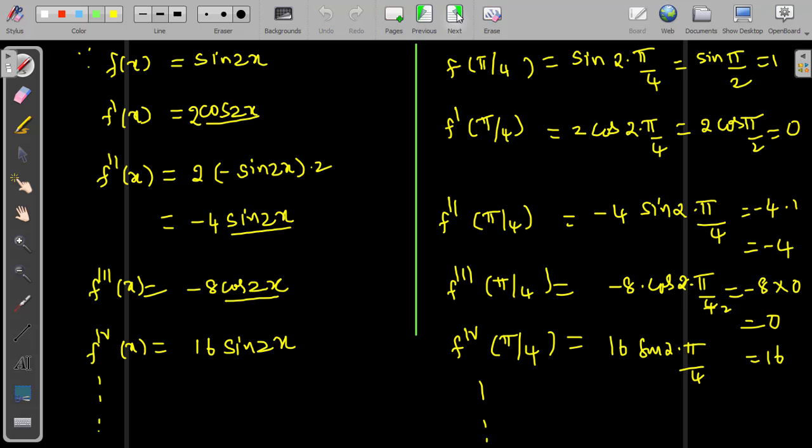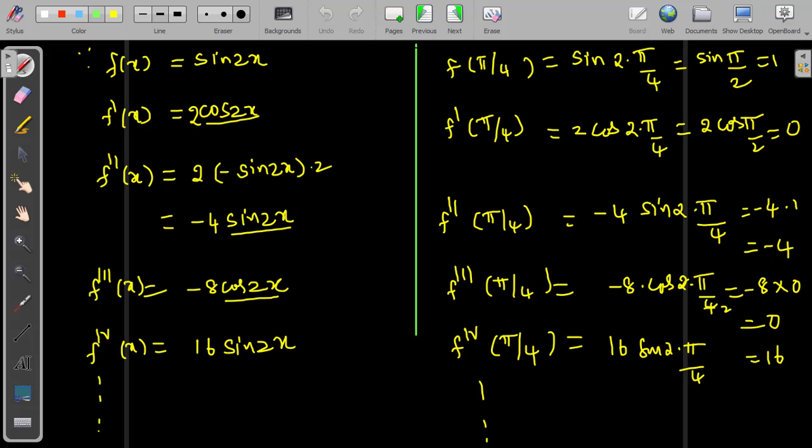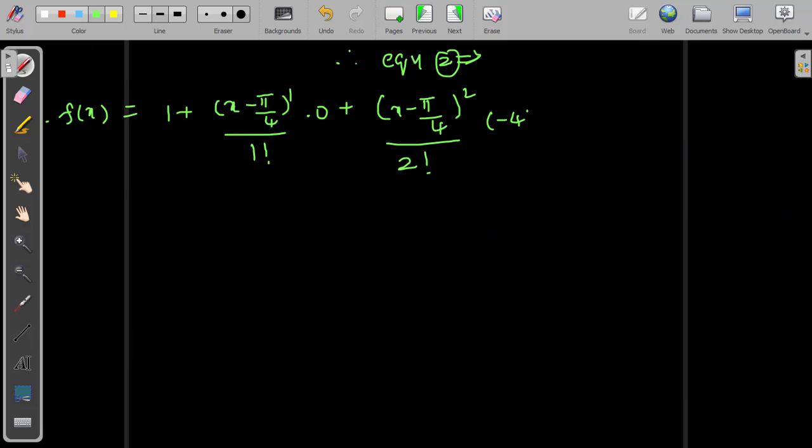F dash of a is 0, so which means 0 here. Plus I'll be writing x minus pi by 4 whole square divided by 2 factorial times f double dash of a, which is minus 4. Now substituting minus 4.